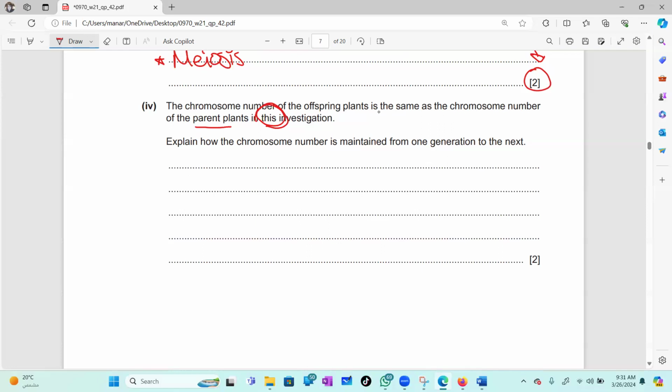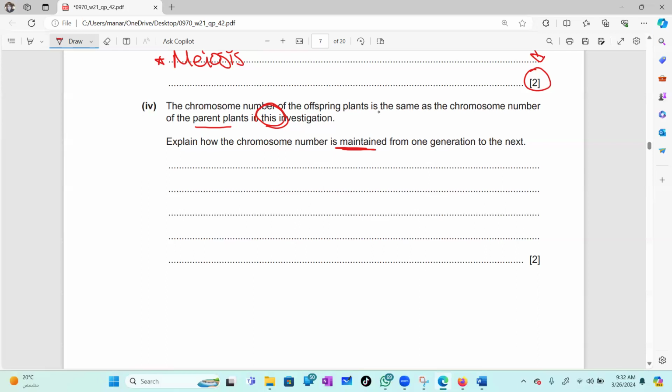When they transferred the pollen to the stigma of another flower, this was meiosis or mitosis? Meiosis. So how does the chromosome number remain maintained from one generation to the next? What will you write here? The duplication of chromosomes before meiosis.